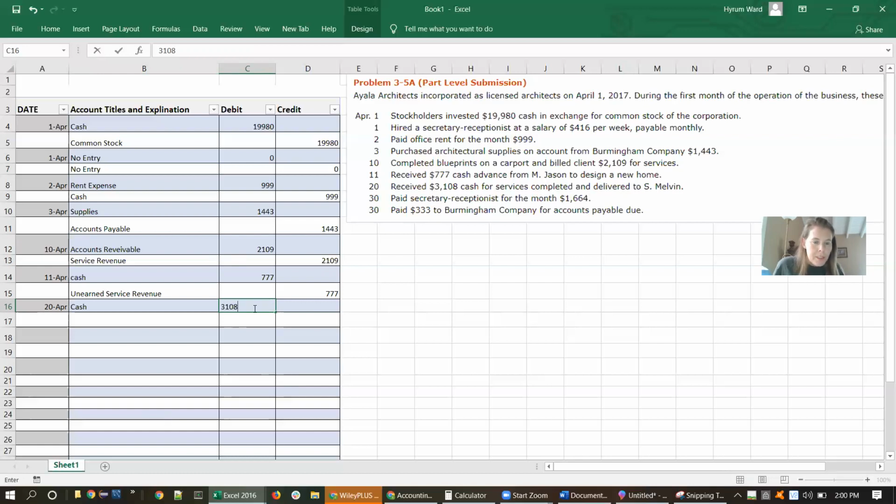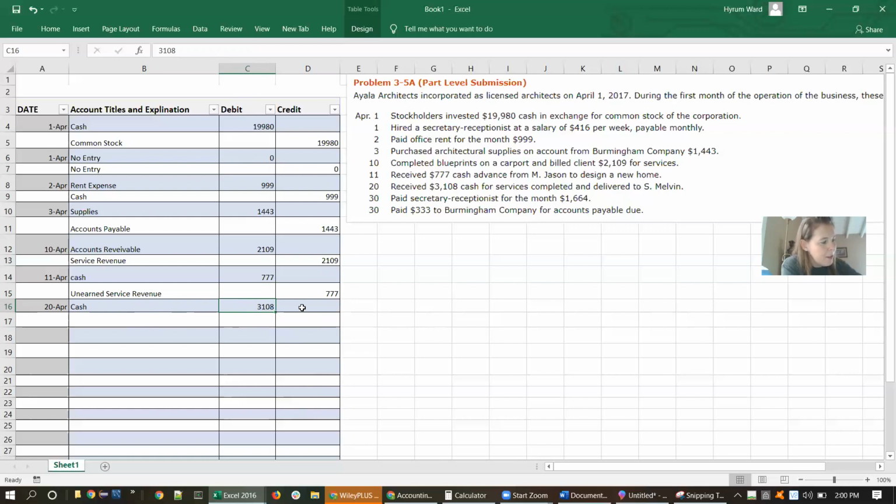It feels so backwards to me to say debit and credit the way we're doing it here. So what I try to think of it as is when we increase, we put it under debit. When we decrease, we stick it under credit.